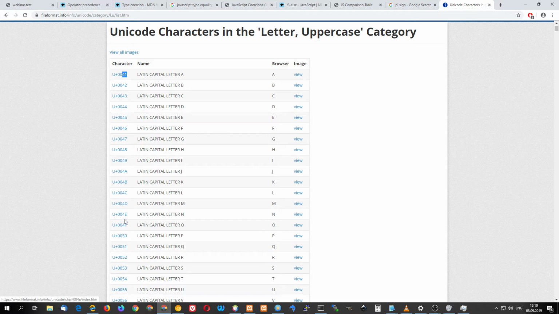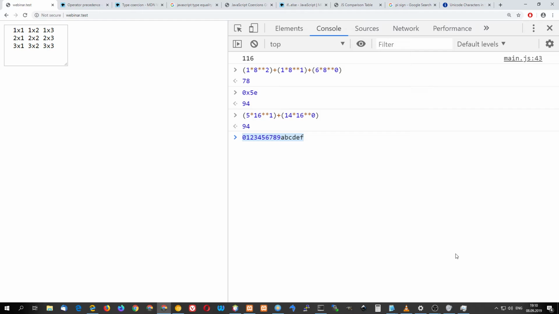So 41 is a representation of a capital letter A in a computer in base 16. You can write it using the special writing mechanism we were talking about, and then the hexadecimal representation. 41 actually is 65 converted to decimal.